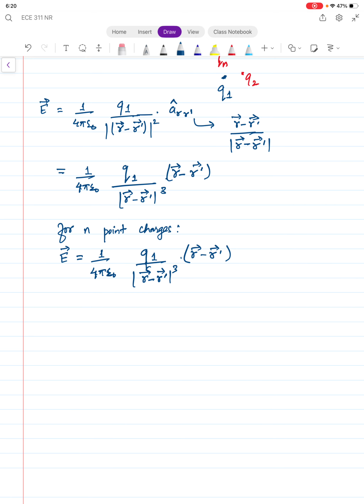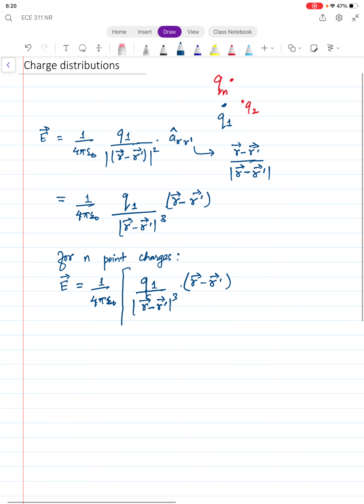Okay, so we need some changes here because the position vector of q1 is r prime 1. We were okay with r prime in our earlier discussion because we just had a single point charge, but now we have multiple point charges, so we need to specify the position vector for each point charge.